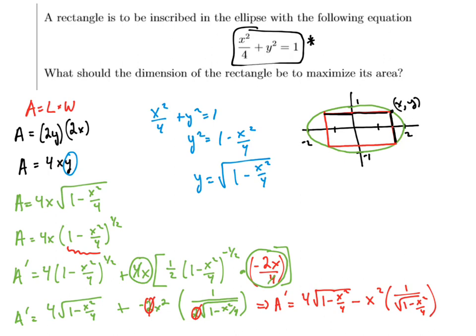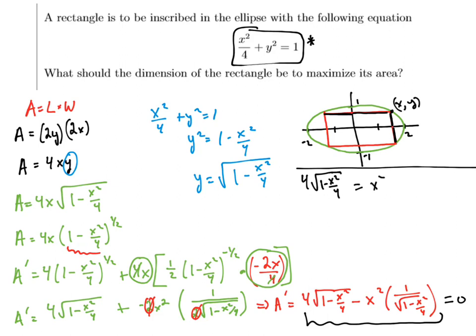All right, so that's our derivative, and we want to find the critical point, and to do that we set this equal to 0. So I need some more space. I think we can do it up here. So we want to say 4 square root 1 minus x squared over 4, so I took this whole thing and set it equal to 0. Now when I set that equal to 0, I'm going to write one term on each side. So I'm going to add the second term to the right-hand side.